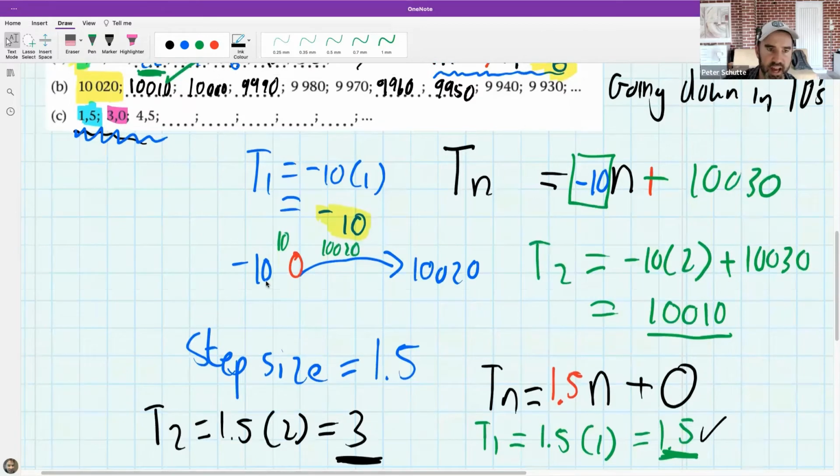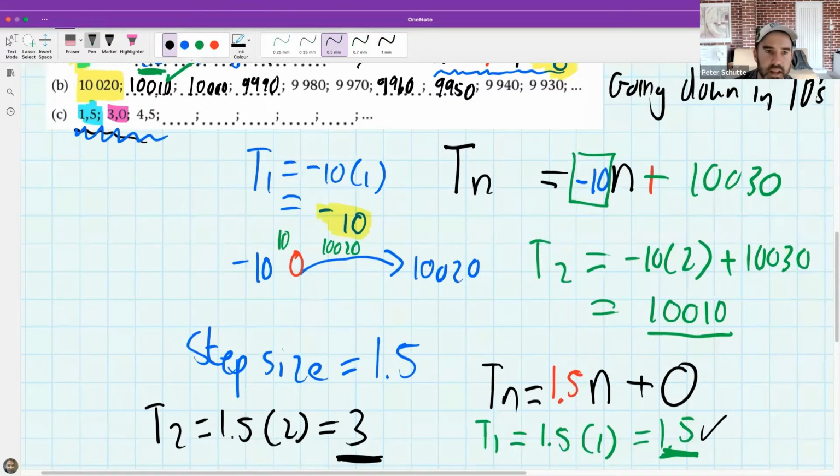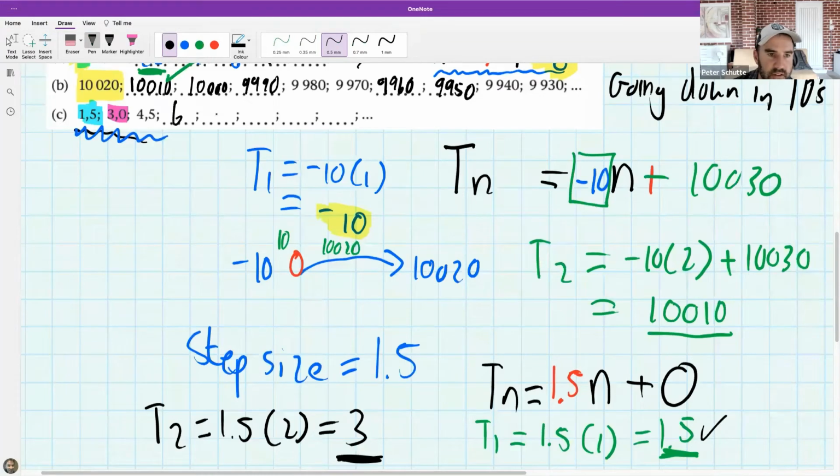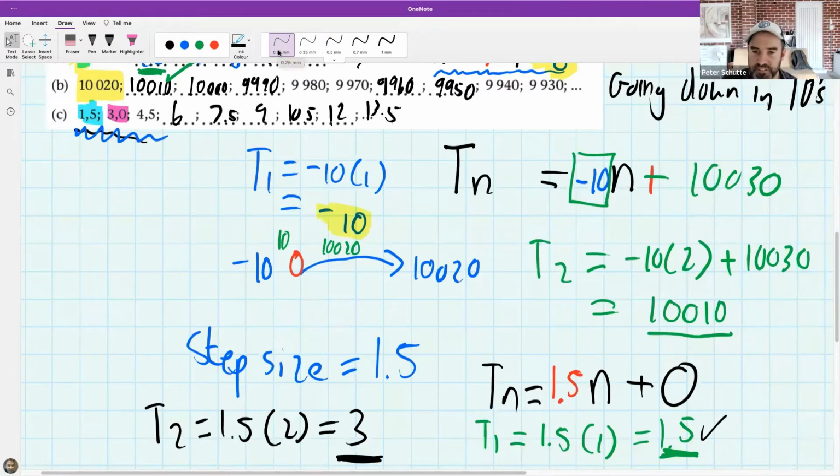Awesome. And yes, the missing numbers in this particular case are going to be 6, 7.5, 9, 10.5, and 12, 13.5, and so on.